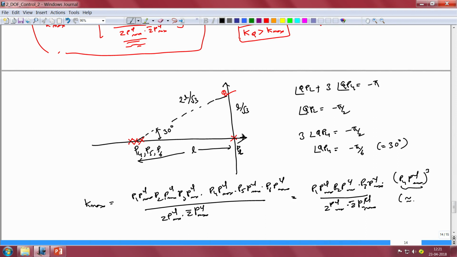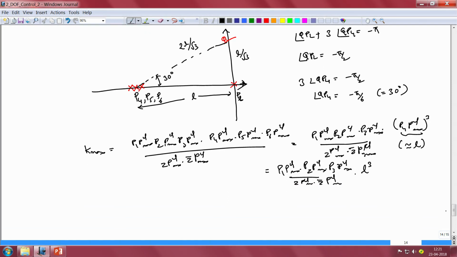So this distance is approximately equal to L. Hence we would have K max equal to P1 PCL max times P2 PCL max times P3 PCL max divided by Z PCL max times Z bar PCL max times L cubed. That is going to be the value of K max.